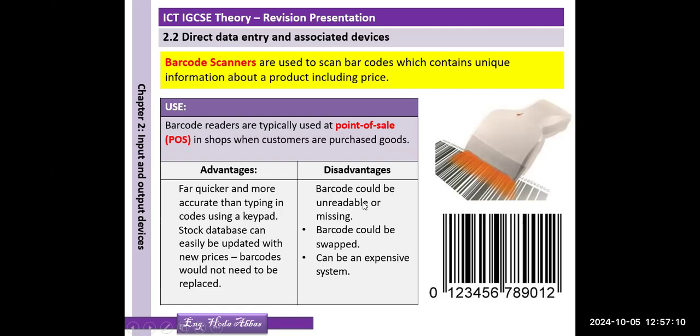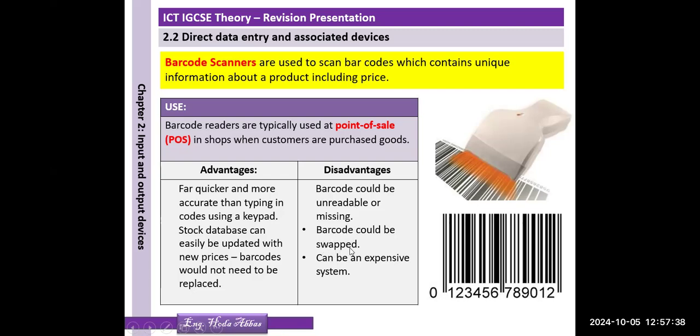Disadvantages: barcode could be unreadable or missing. For example, 0, it's not existing. 2, it's scratched. Sometimes 0, you can see it as 8, something like this. 6, you can see it as 8. Whatever happened to these digits, it is unreadable or missing.